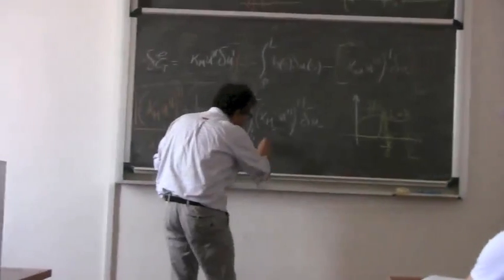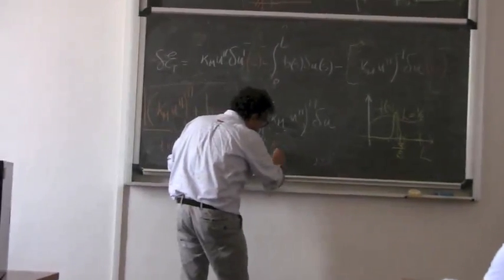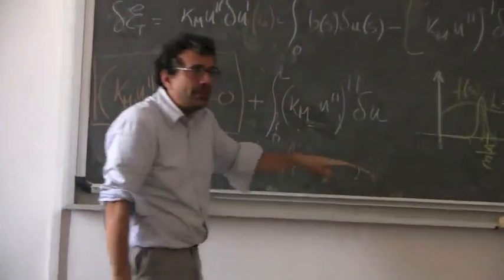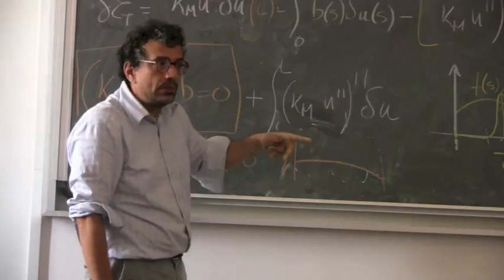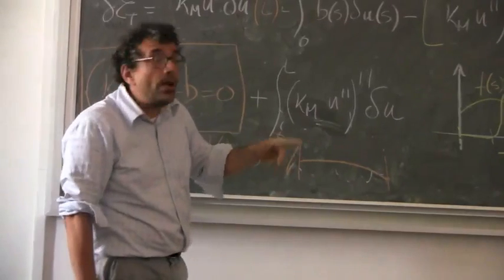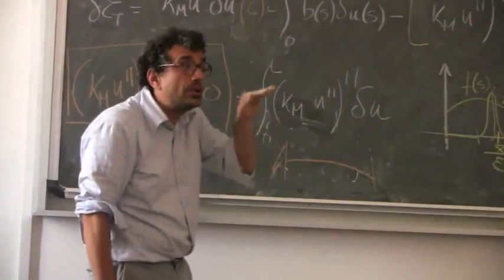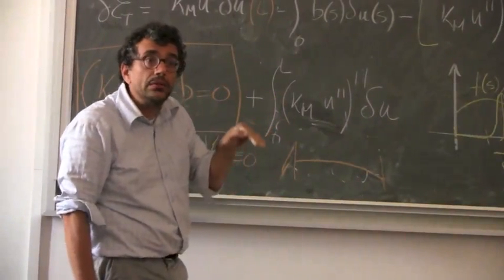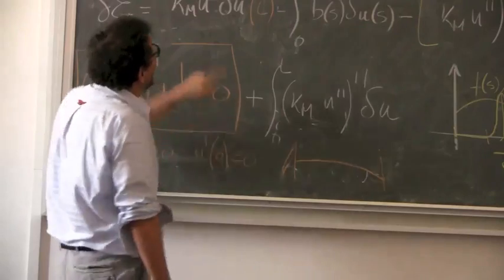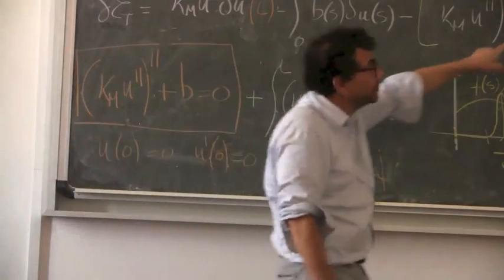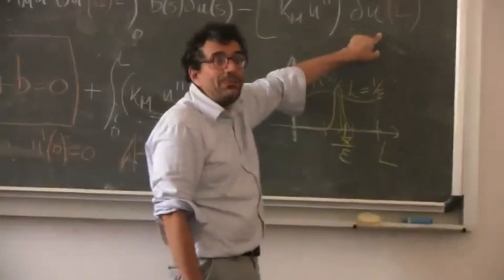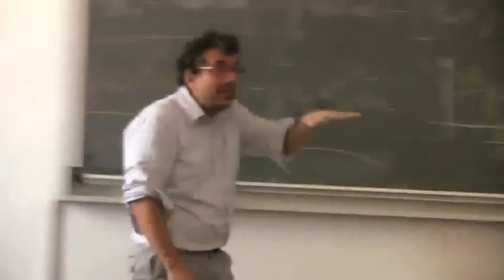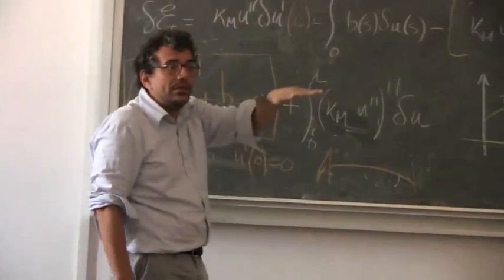I do not know where the free end is placed. So I must try all positions for the free end. So I must change delta U arbitrarily, keeping the tangent horizontal.